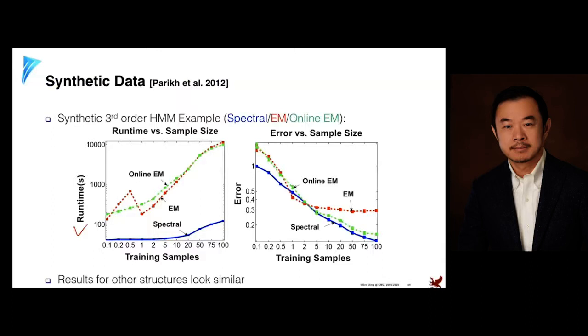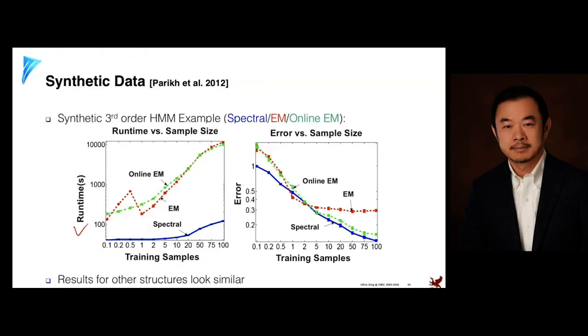In terms of quality, say the error on prediction, here is a comparison. At the beginning, with a very, very small number of training examples, you can imagine that EM, because of the complexity of the EM and the hidden states and all that, usually requires more examples to get a higher training quality.